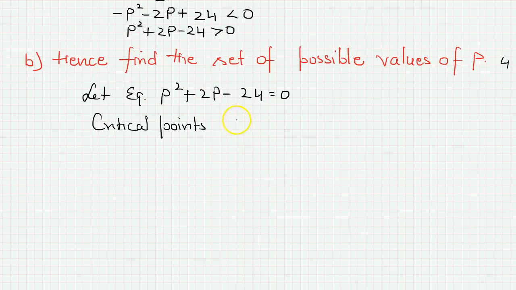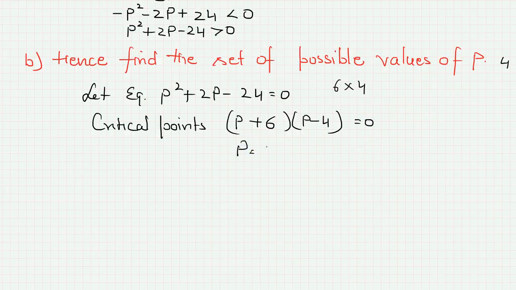So let's say this is p, that is 24. 6 times 4 is 24 and 6 minus 4 is 2. So (p plus 6)(p minus 4) is equal to 0.